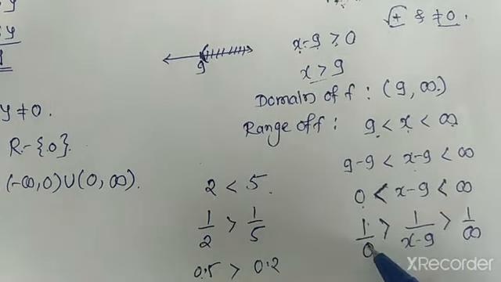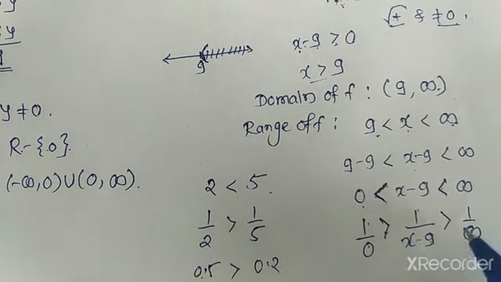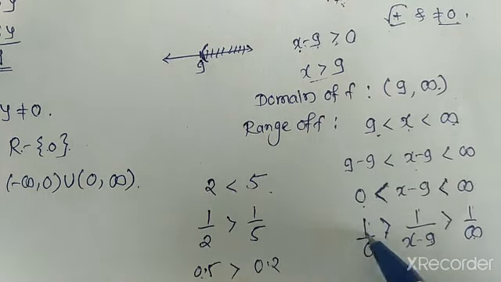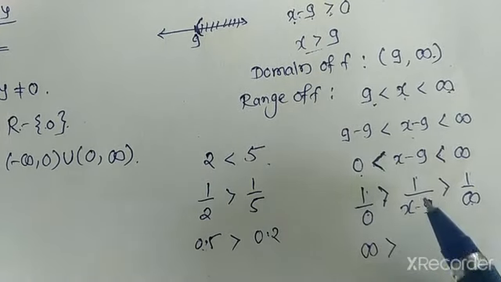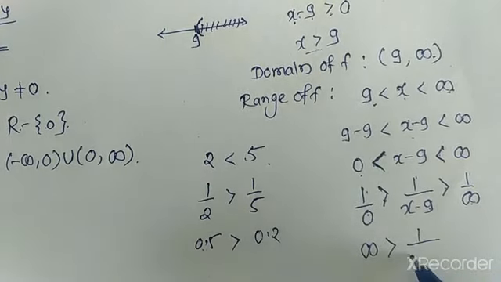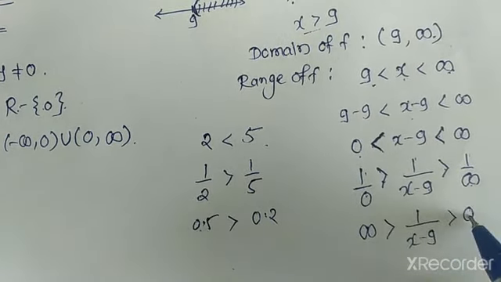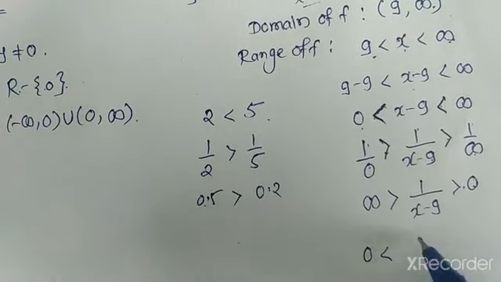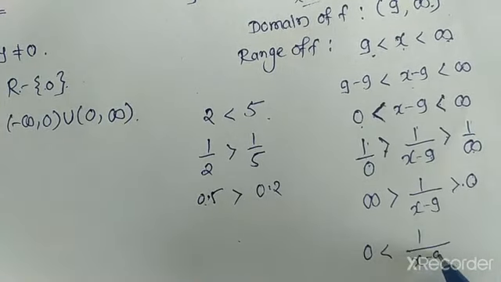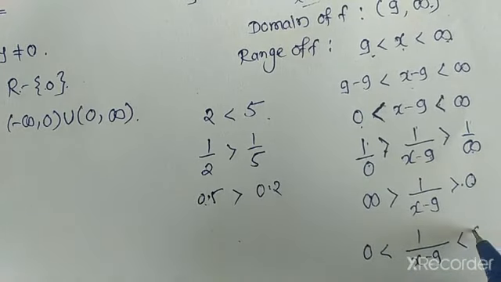So here it will be 1 upon 0 greater than 1 upon x minus 9 greater than 1 upon infinity. But 1 upon 0 is infinity, greater than 1 upon x minus 9 as it is, and 1 upon infinity is 0. We write it as 0 less than 1 upon x minus 9 less than infinity.